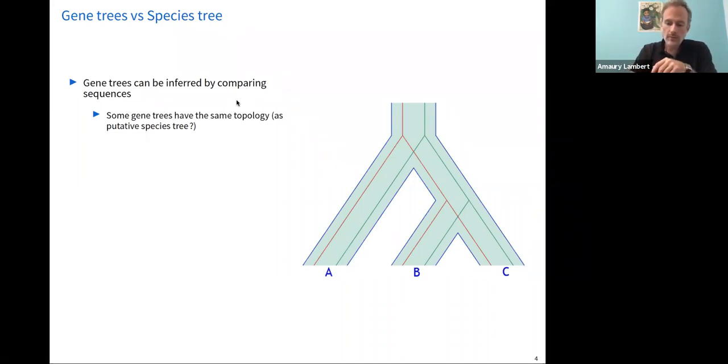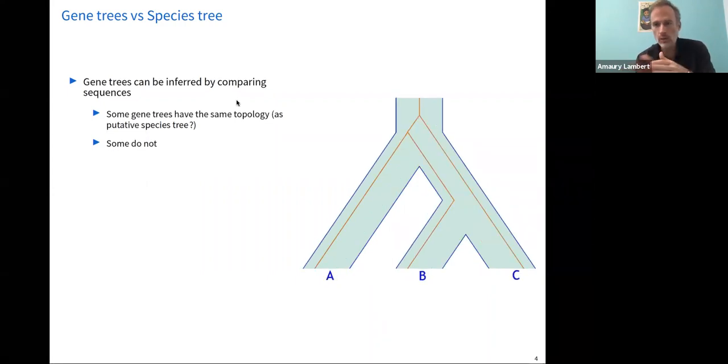But the problem is that there's a second possibility, that the gene trees do not all have the same tree shape, and I'm not even speaking of the node depths. As you can see here, with this example of a deep coalescence. The deep coalescence means that the orange lineages have not coalesced during the whole mother edge to B and C. And so then when they are left in the mother edge to A, B, and C, the root edge, then any coalescence can occur.